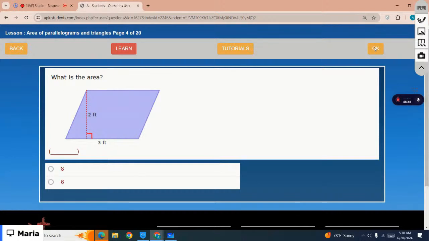Which is the correct option? Yes, the correct option is 6. Option number 2 is the correct option.